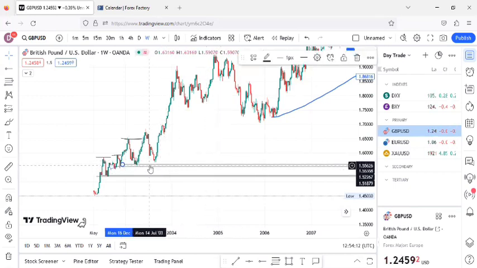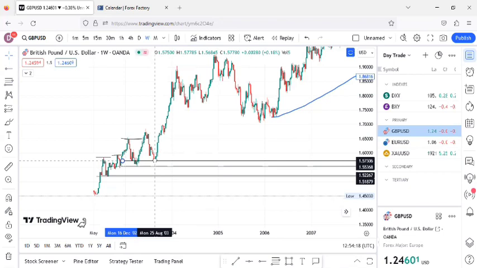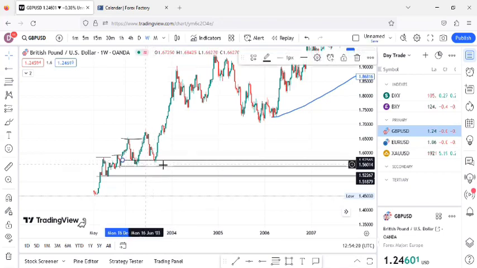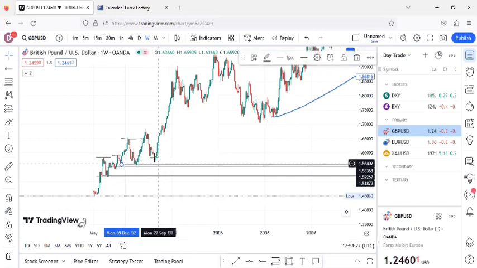But when I leave it like this, it gives me more confidence than leaving it like this, because in between here we still have so many things that could happen. But when you leave it like this, the moment the market gets to this place and breaks, then this level is invalid.